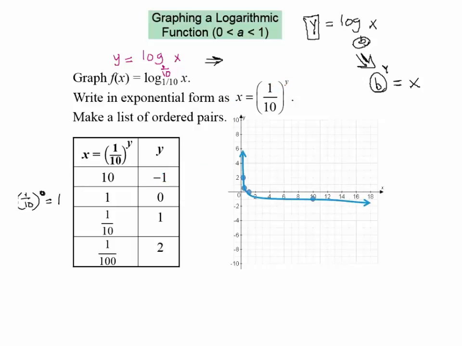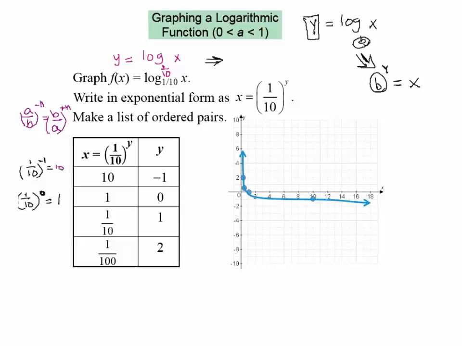If y is equal to -1, x would be equal to 1/10 to the power of -1. If I want to make that exponent positive, if I have a over b to the power of -n, that's the same as b over a to the power of +n.